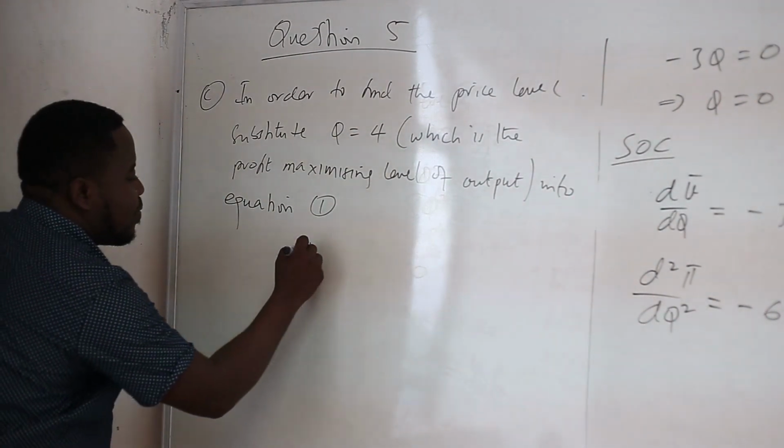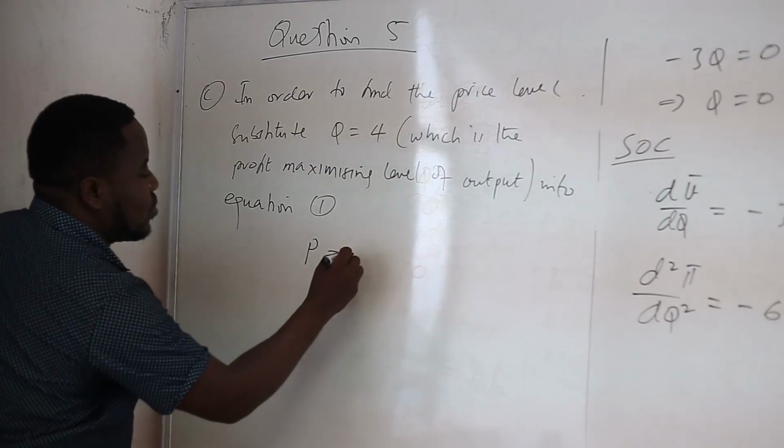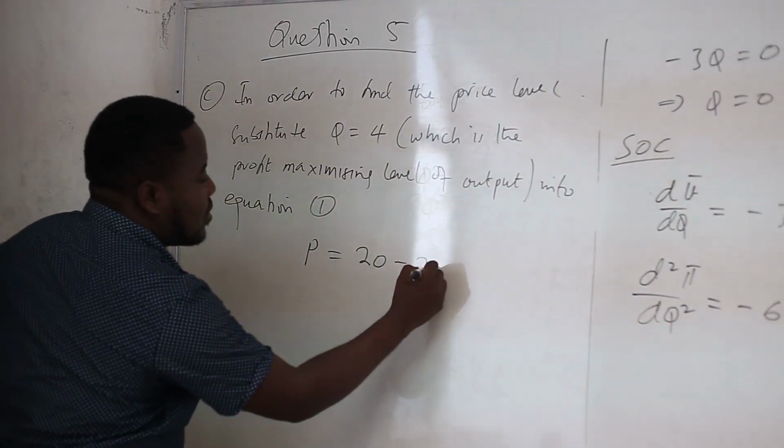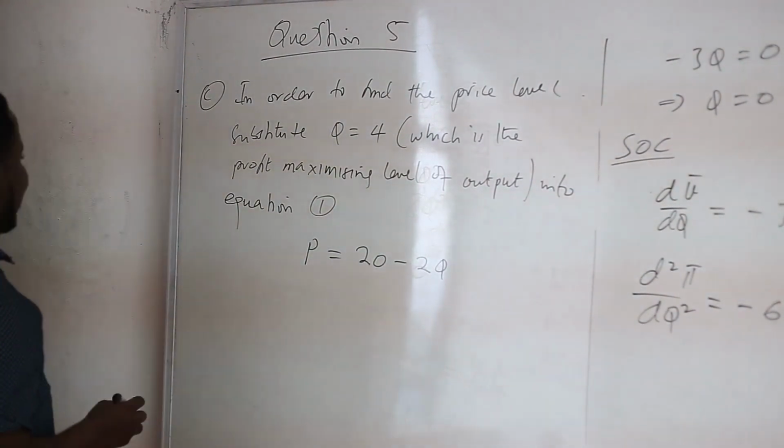In equation 1 we have P is equal to 20 minus 2Q.